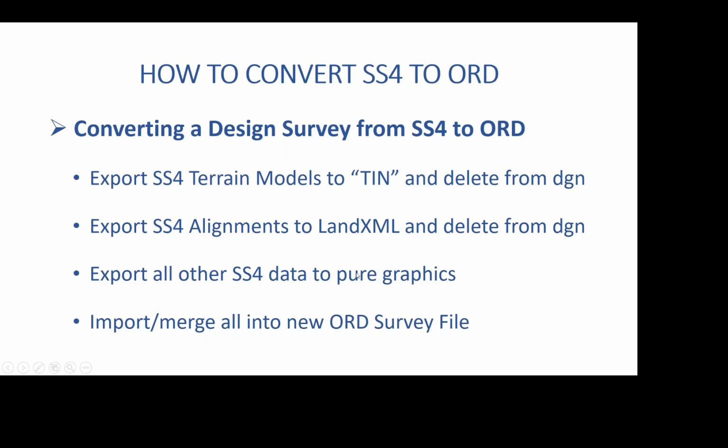It actually creates a new file, and everything in there will be graphics, except for any civil models like the terrain model or the alignment. And we've already deleted them. So you're going to end up with a file that just has pure graphics. If you do that, you can bring that into ORD. You can import it. You can reference it and merge it into ORD.